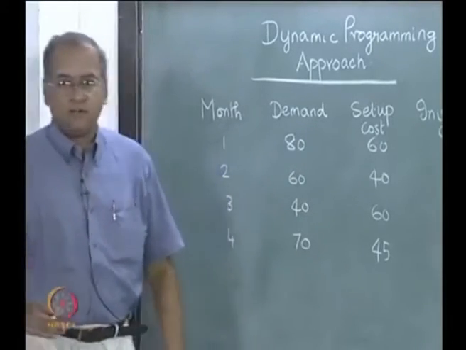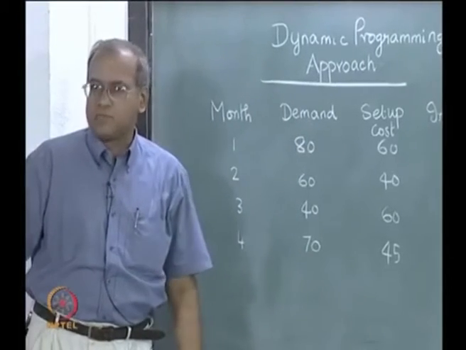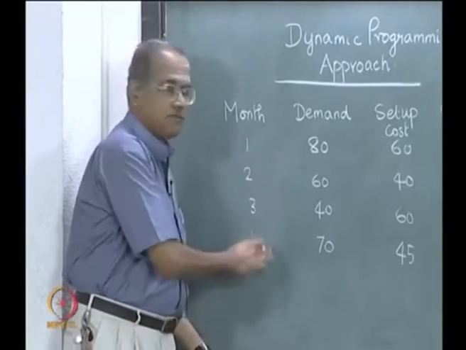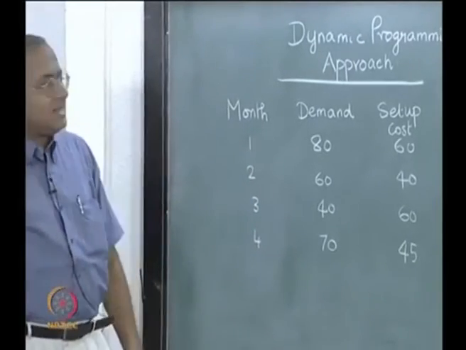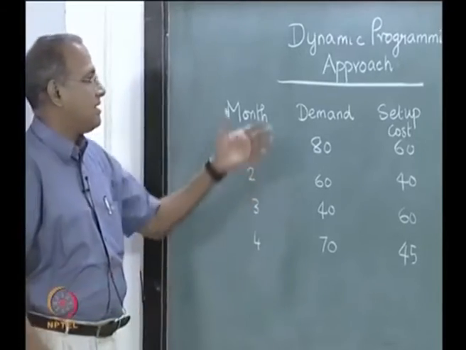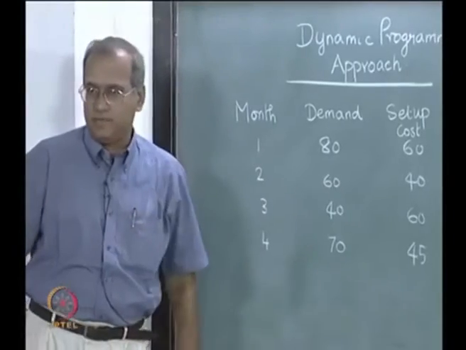We also observe that dynamic programming is a very good methodology to solve this problem, where the stage will correspond to each of these 4 months. The state variable for dynamic programming would correspond to the inventory that is available at the beginning of each period.